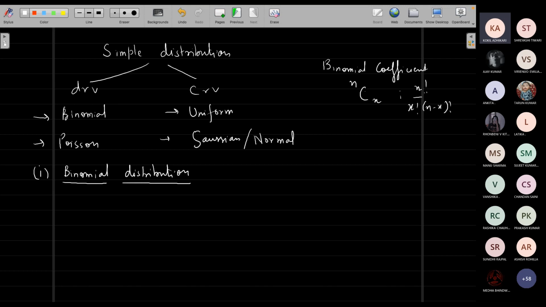This coefficient is called binomial coefficient because it comes in the expansion of a plus b. If you have two monomials raised to power n and you want to expand it, you will find plenty of terms of this type. That is why it is called binomial coefficient.